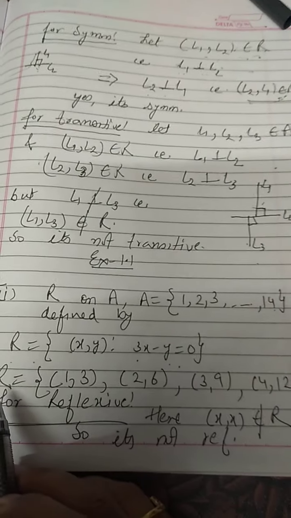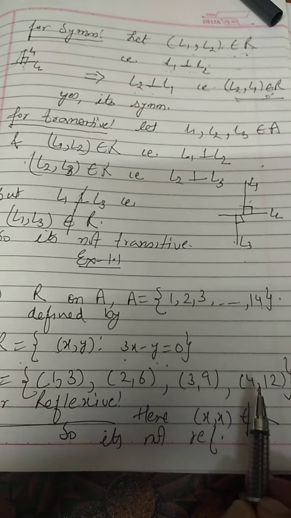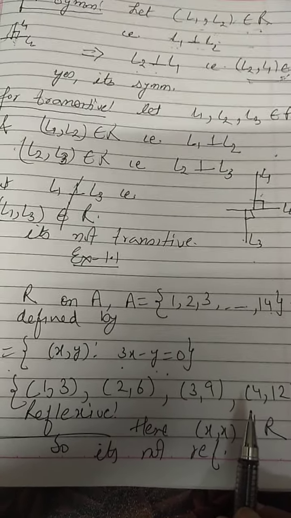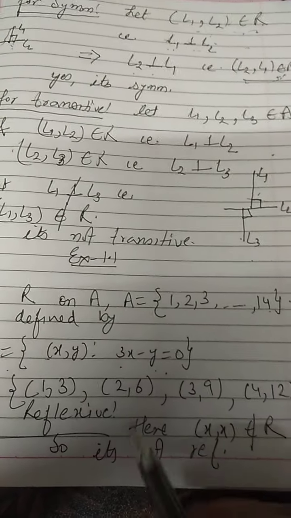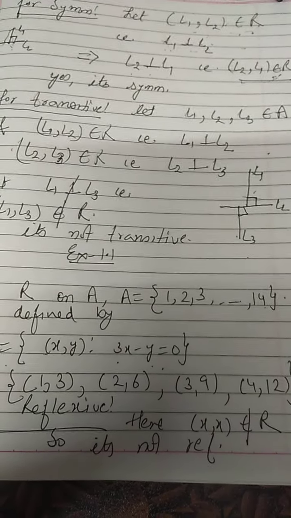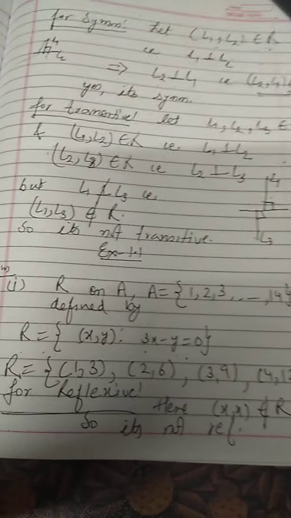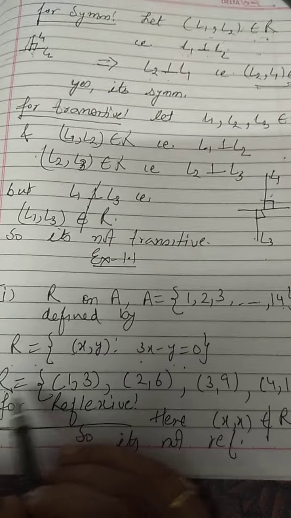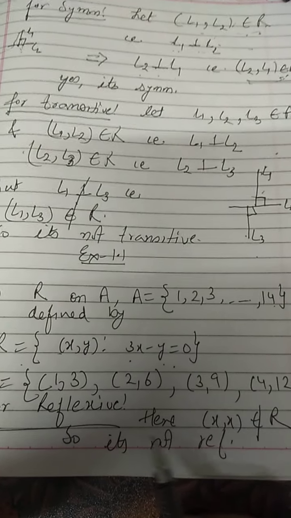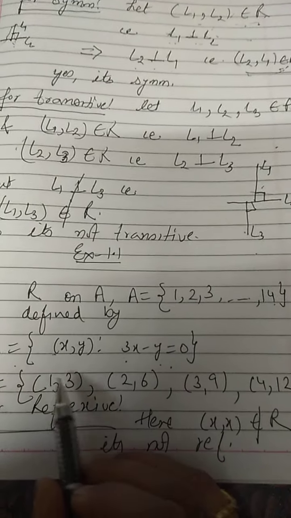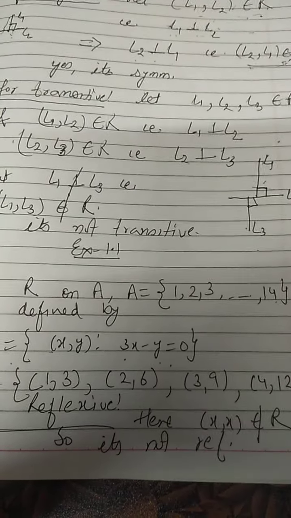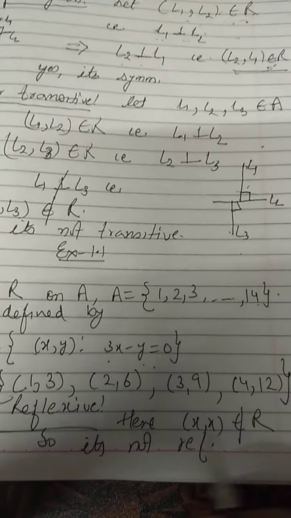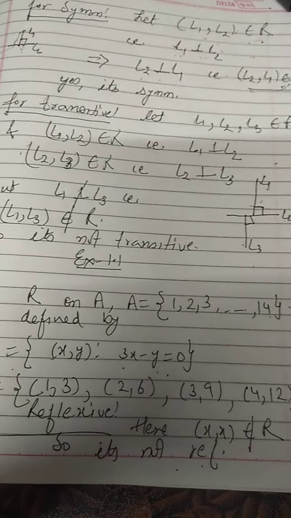In most of the sums we will do it straightforwardly, directly, instead of writing in the roster form, but since we are starting the exercise, I am writing the relation in the roster form to show you that (1, 1) is not there, (2, 2) is not there, (3, 3) is not there, (4, 4) is also not there. It means the relation is not reflexive.